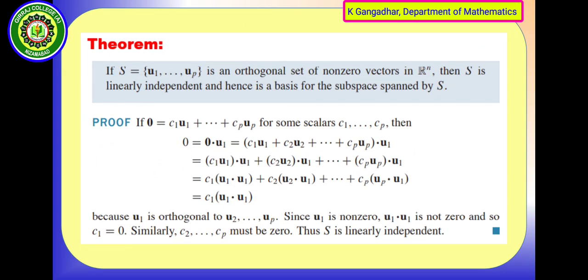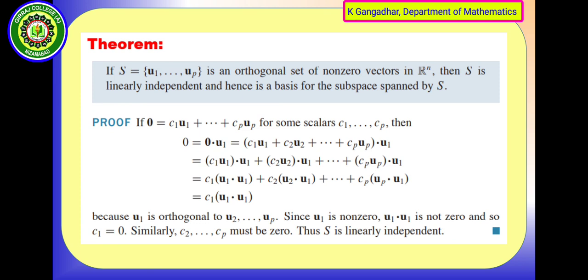So now, first we take the linear combination of elements of the given set: C1 U1 plus C2 U2 plus and so on plus CP UP equals 0 bar. So we take the dot product of 0 bar with U1.